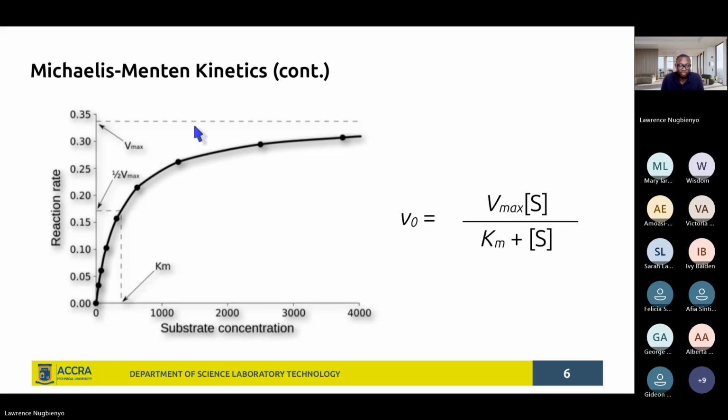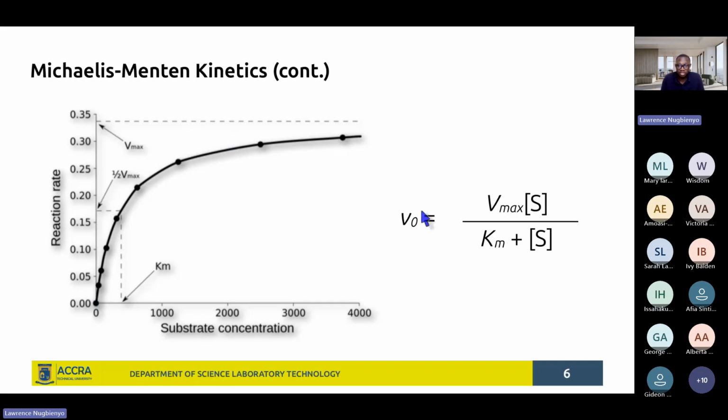The equation of that line is y equals ax plus b, y being the value on the y-axis, a is the gradient, x the value on the x-axis, and b the intersection on the y-axis. But the intersection here is going to be 0, because the concentration is 0 from the beginning.